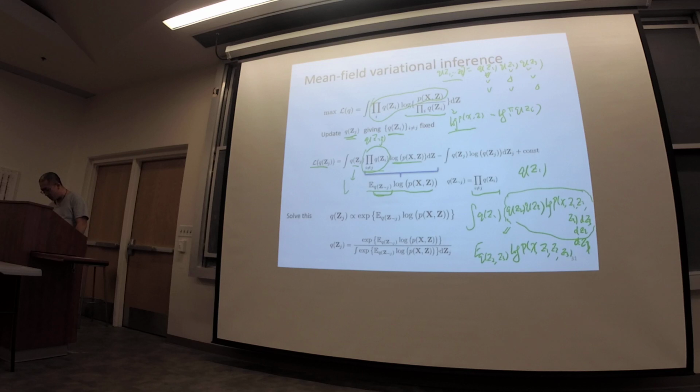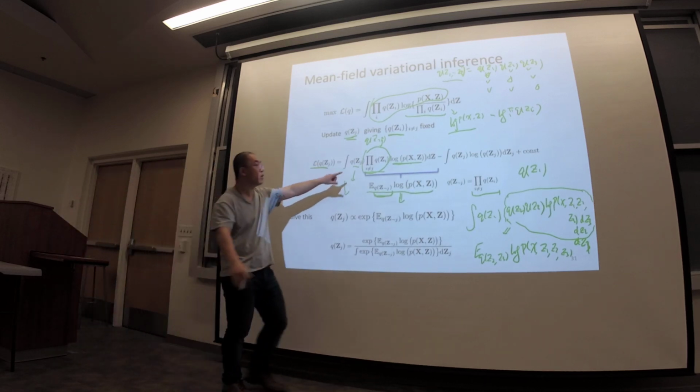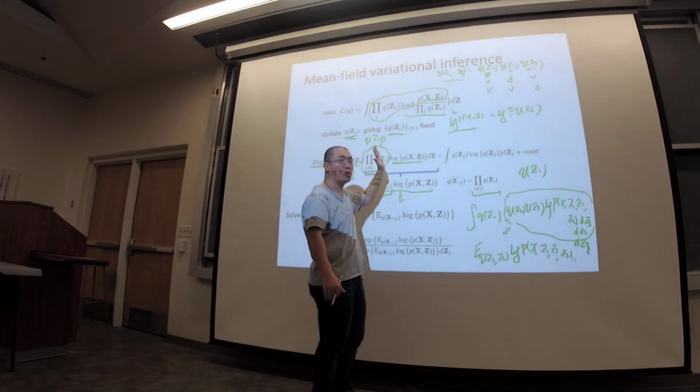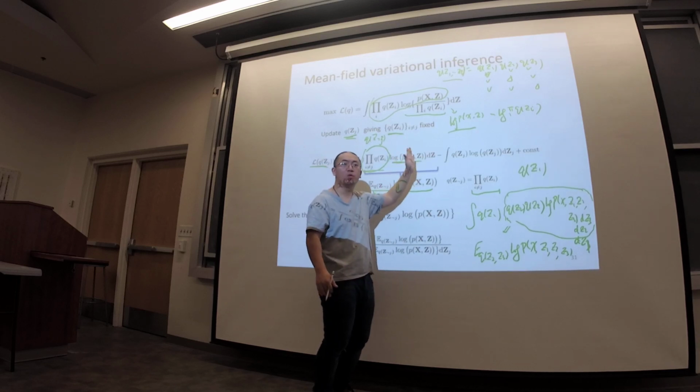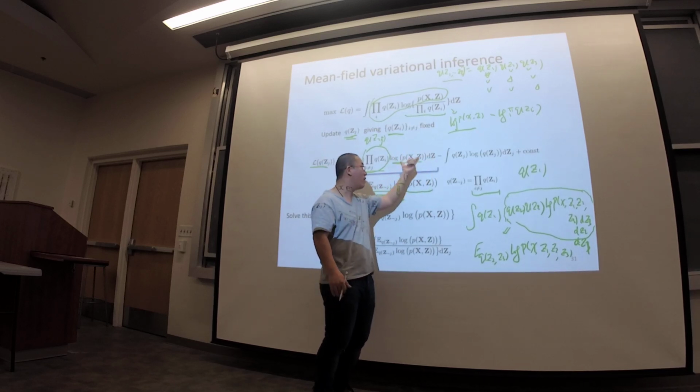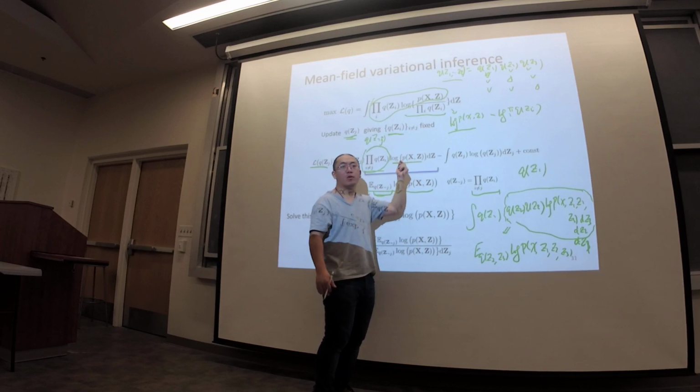And remember, this is essentially a random variable. Why? We do the expectation, the integration, over Z1, Z2 to Zj minus 1, Zj plus 1 to Zn. We still have one random variable left, which is Zj.